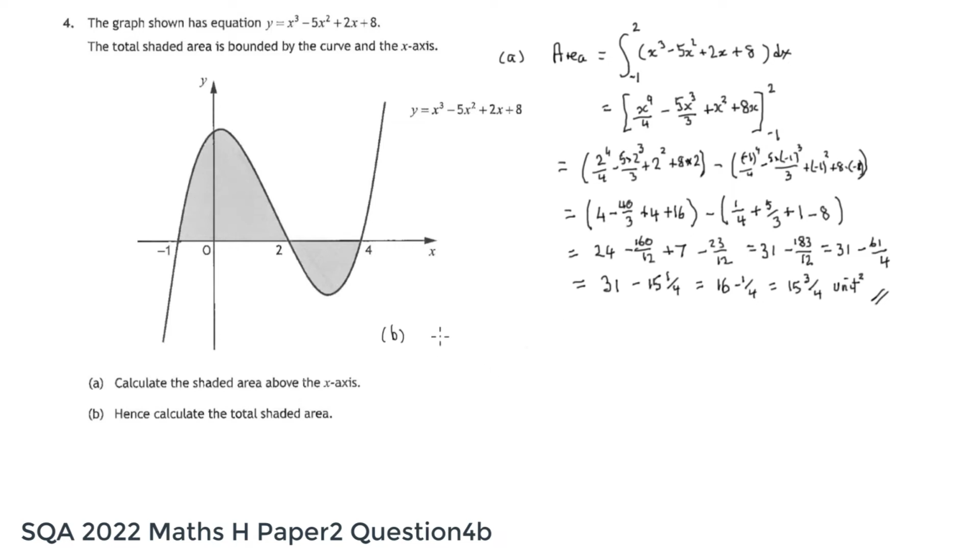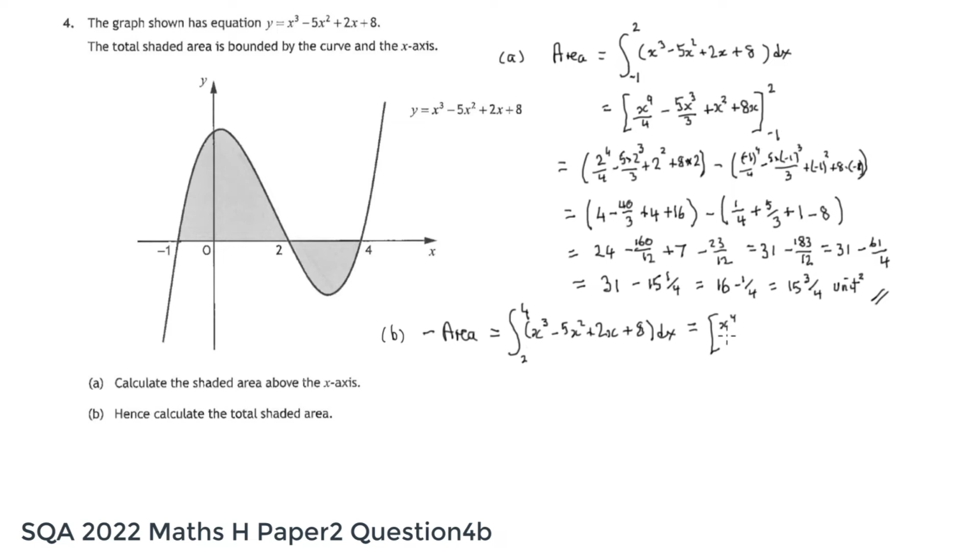Now, remember it's below the x-axis, so if we work out the integral from 2 to 4 of the function x cubed minus 5x squared plus 2x plus 8, that will not give us the area, but the negative of the area, which is why I've got a negative at the front there. And we've already worked out what we get when we integrate.